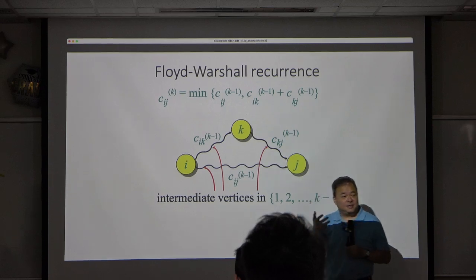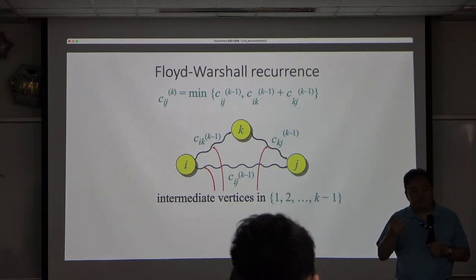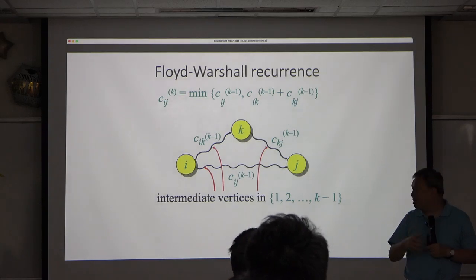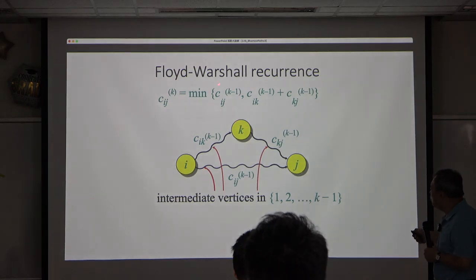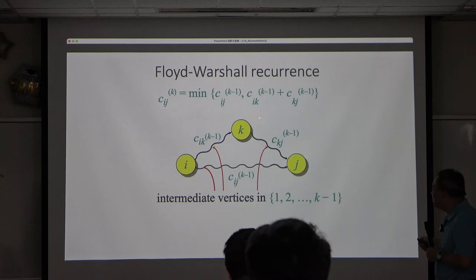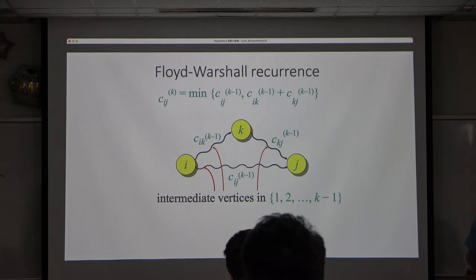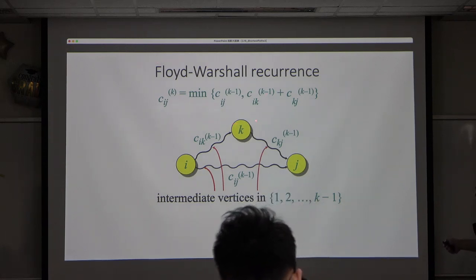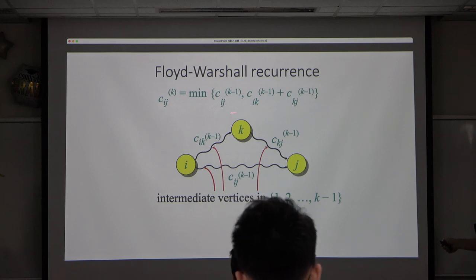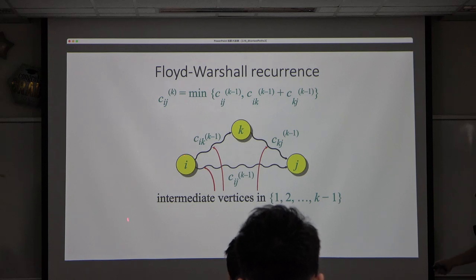Theoretically, you could have some loop go out of k and come back. But since we want a simple path, we don't want any node to appear in the path twice. So we don't have that. So it's from I to k and then directly from k to j.